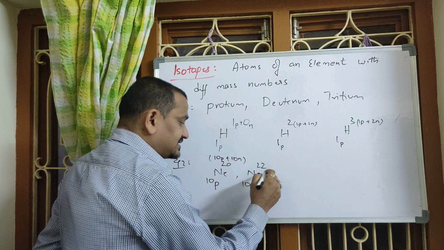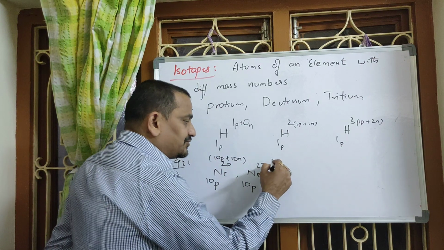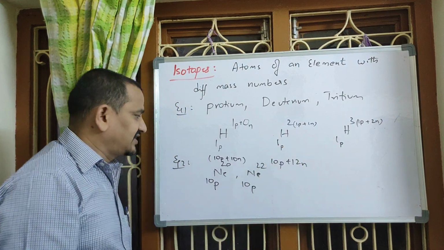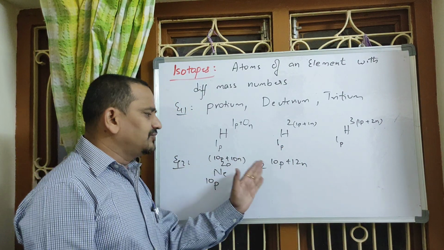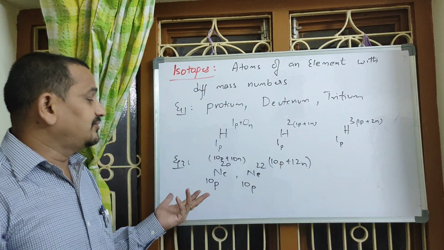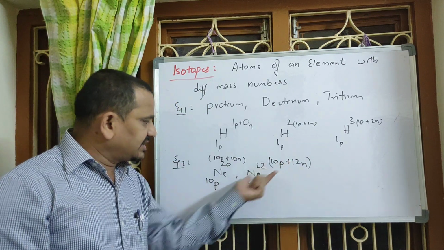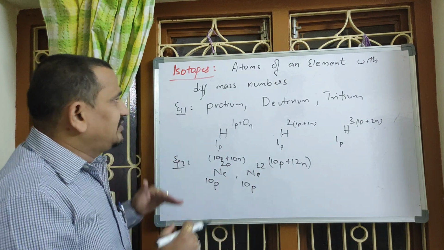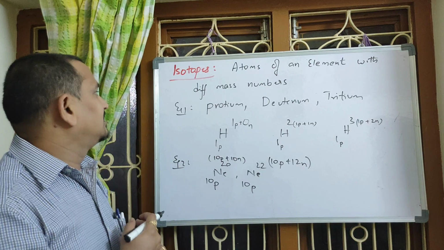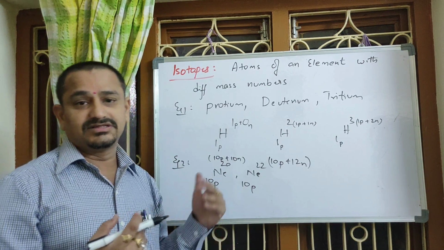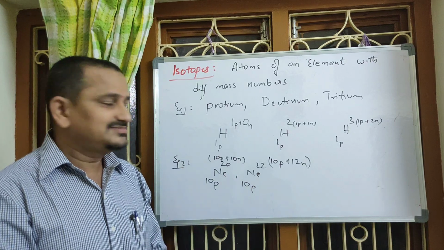Whereas in the 22, 10 are protons and 12 are neutrons. In this way, we can differentiate how many neutrons and protons there are. Sometimes when they ask how many neutrons there are, we can subtract that value. Understood? So you had better remember some examples of isotopes. Like this, carbon has carbon 12, carbon 13, carbon 14.